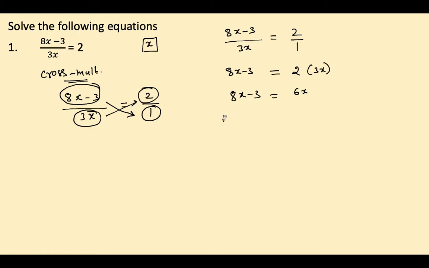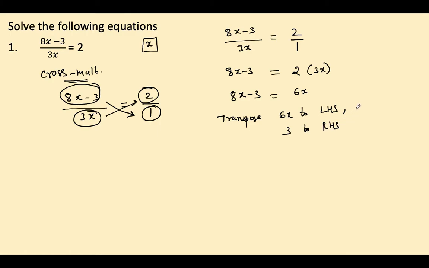Now let's transpose. Transpose 6x, which is on the right hand side, to the left hand side, and 3, which is on the left hand side, towards the right hand side.